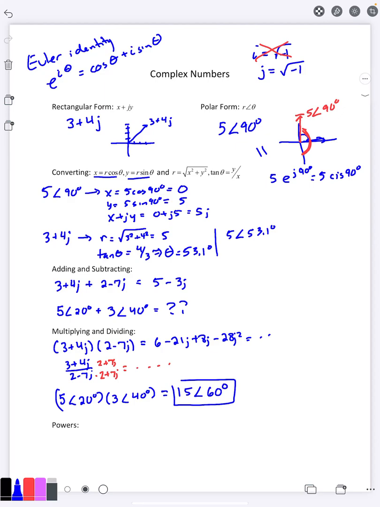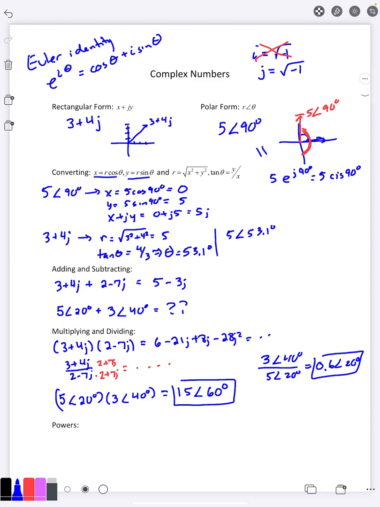And if you're dividing them, you just divide the front numbers and subtract the angle. So let's say I did 3 angle 40 divided by 5 angle 20. 3 over 5 is 0.6, and 40 minus 20 is 20. So when you're multiplying and dividing, it's better to have it in polar form instead of rectangular.